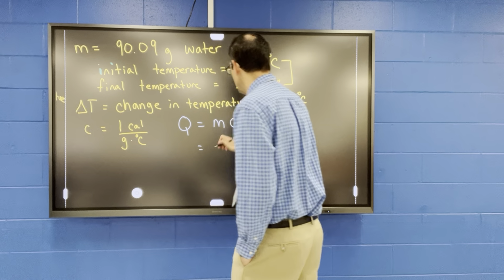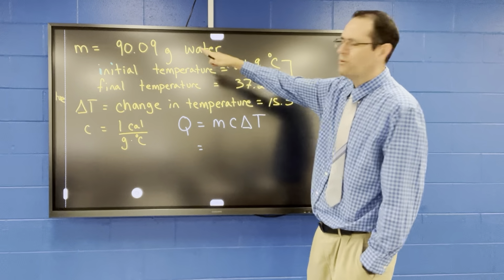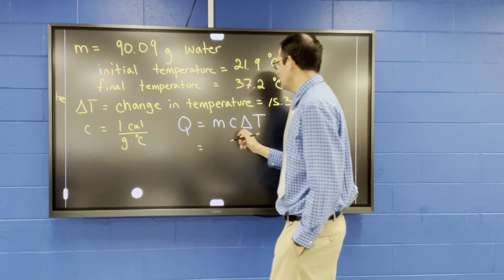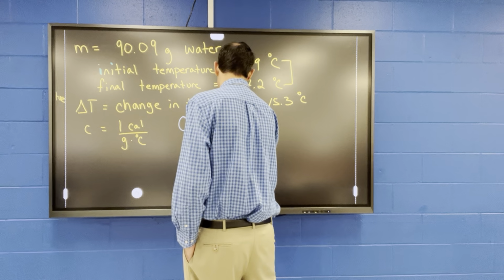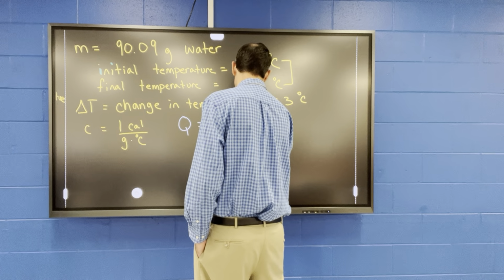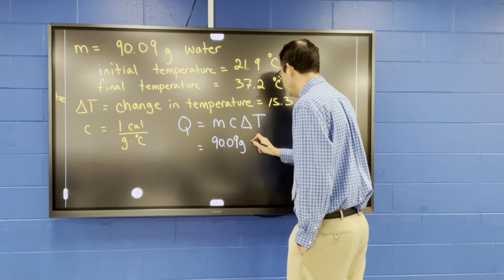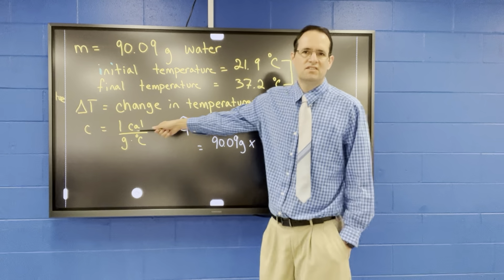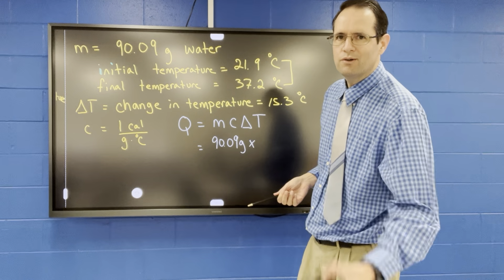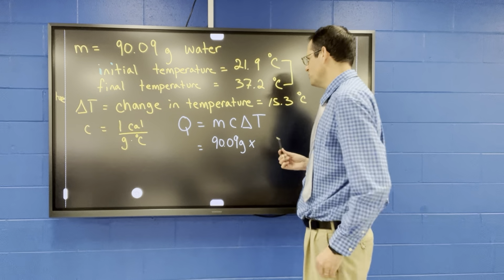And so in place of each one of these symbols, we want to put our numbers, okay? So 90.09 grams times, our C is just going to be 1. So, you know, on our calculator, it's very easy. You're just going to multiply by 1.